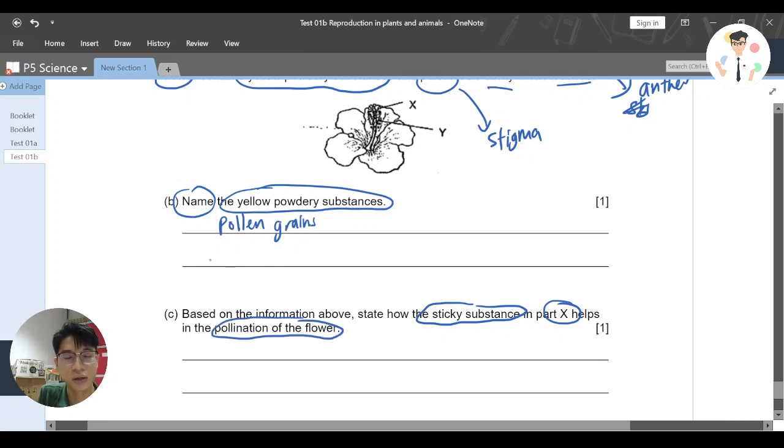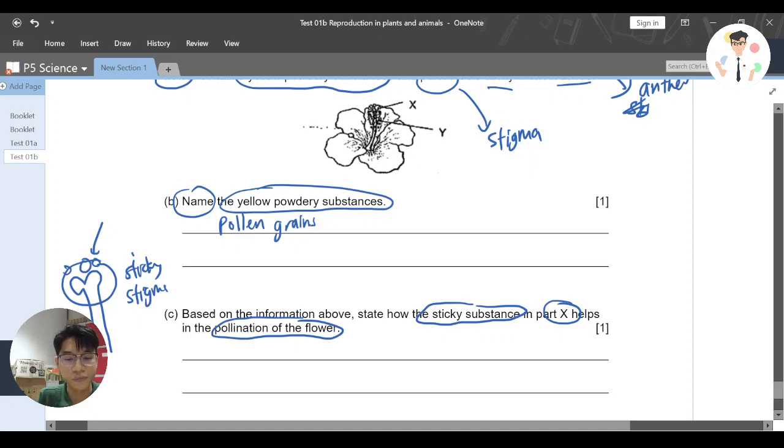Move on. Based on the information above, state how the sticky substance in X helps in the pollination of the flower. So we mentioned that this is a stigma, and it is sticky. How does this help? The function of the stigma is to receive the pollen grain. So if it is sticky, it can hold on to the pollen grains easily.